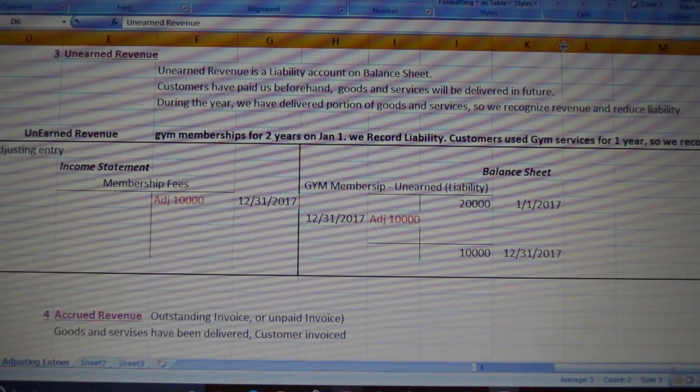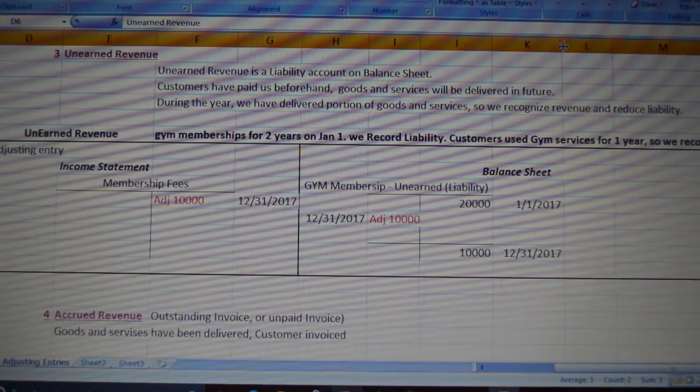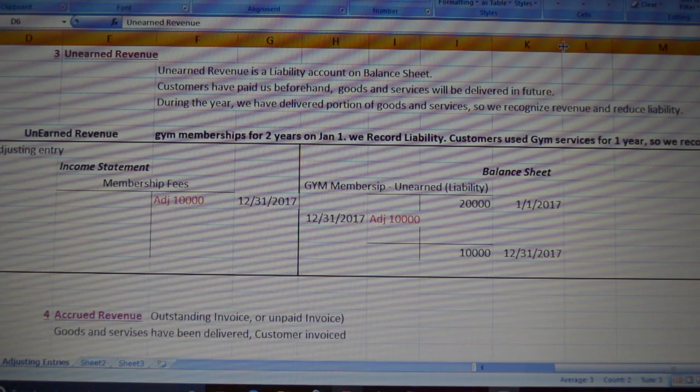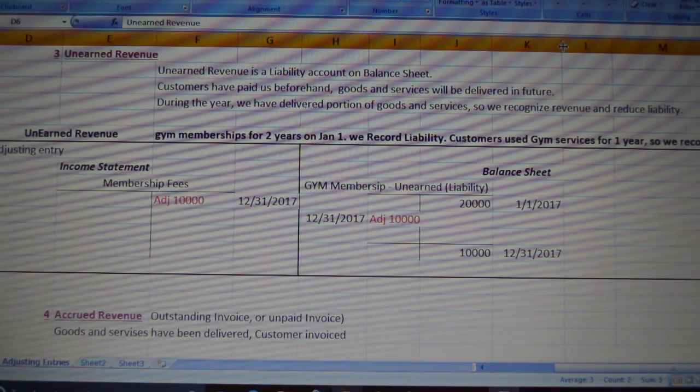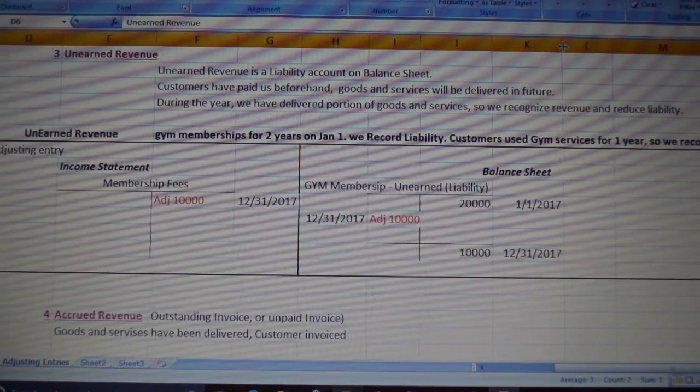Let's look at the example of the unearned revenue. A gym membership for 2 years is received from the customer on January 1. Now this is something that the customer has paid us beforehand. We haven't delivered the services. The customer has not used the gym yet, but he is paying for 2 years in advance.